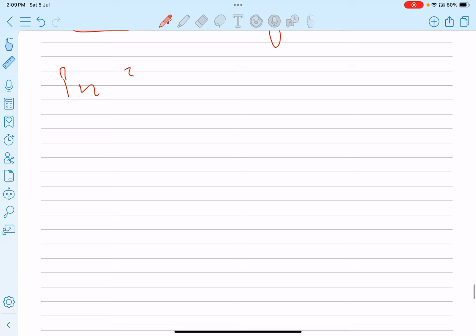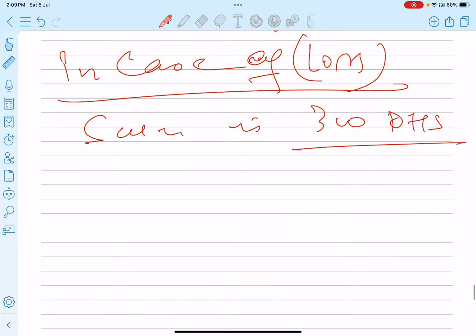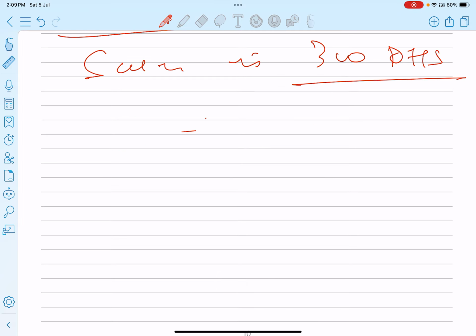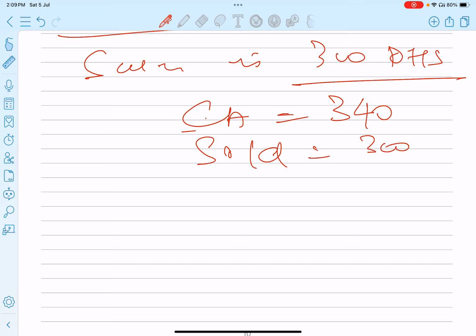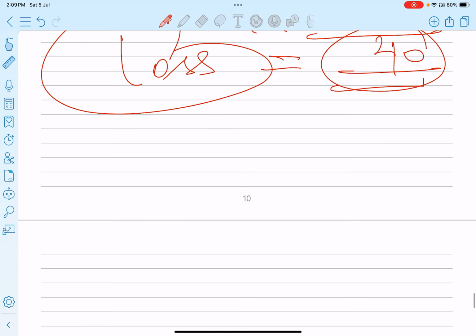In case of loss, so assuming sales is of 300 dirham, carrying amount 340, sold 300, so there is a 40 dirham loss. How to record this loss?